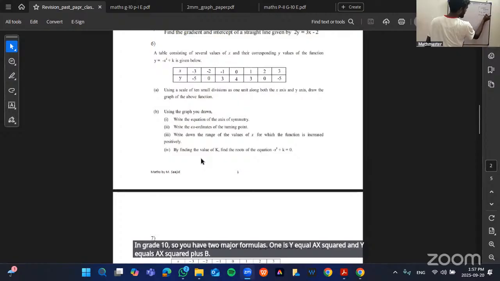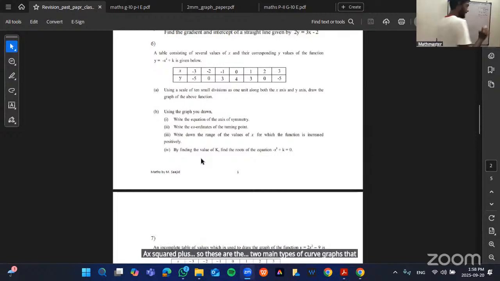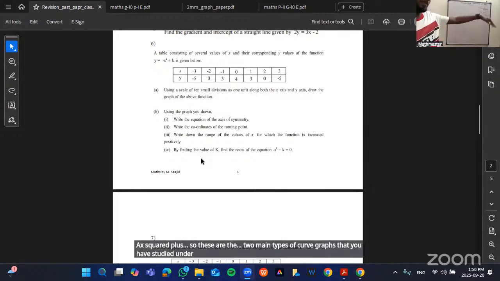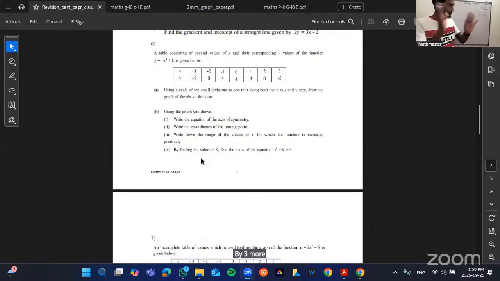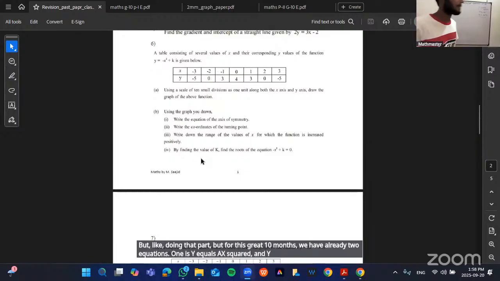These are the two main types of curve graphs that you have studied under grade 10. In grade 11, you have three more, and I'll come to that part when I do grade 11. But for grade 10, we have only two equations: y equals ax squared and y equals ax squared plus b.